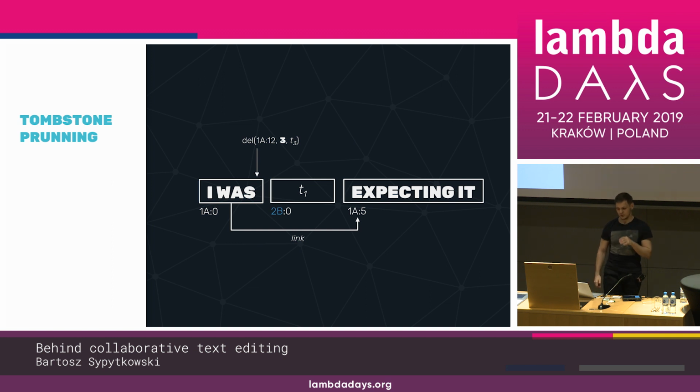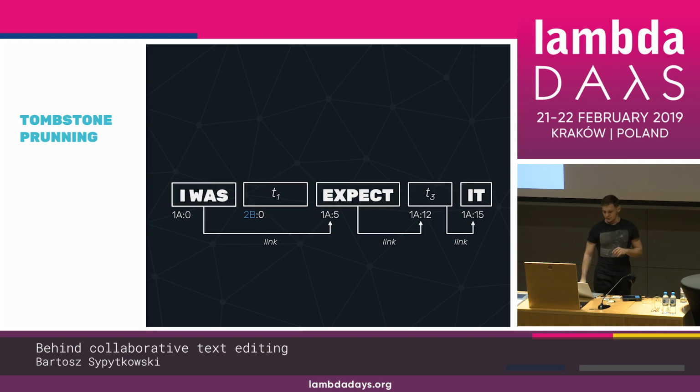So how would this look? Simply, we could apply timestamps to our tombstones. When we are about to delete, we send a delete operation in which we say, let's delete this number of characters in this position, and this is the timestamp to say when I have deleted this. For now, I'm marking them as T1, T2, and you can see it later on. So we are applying that operation.